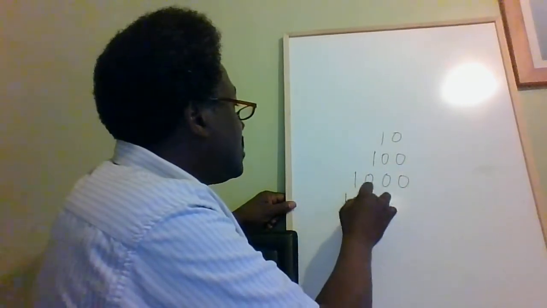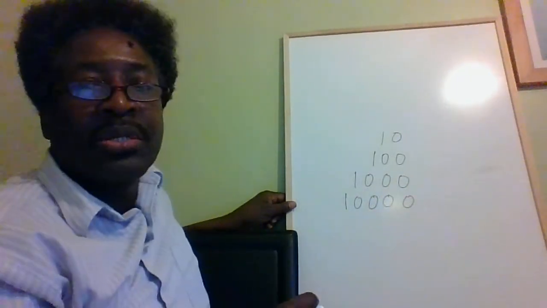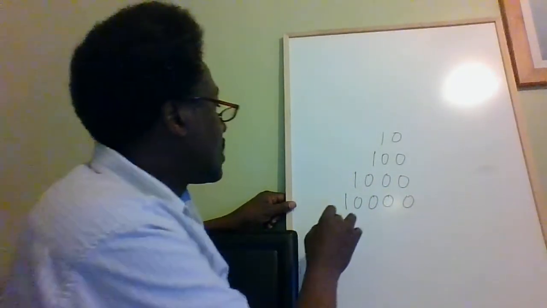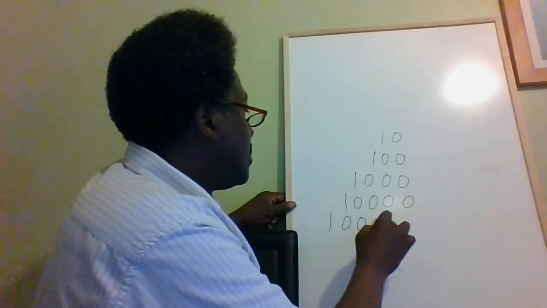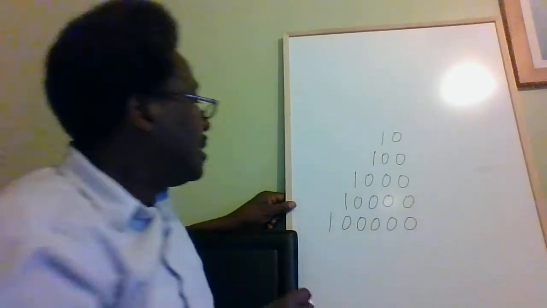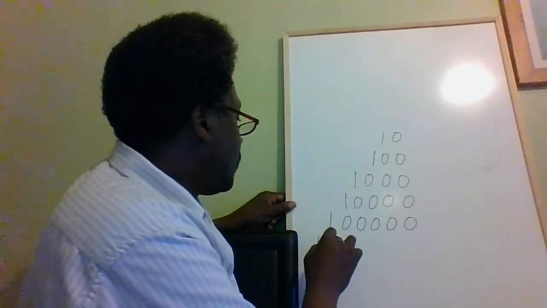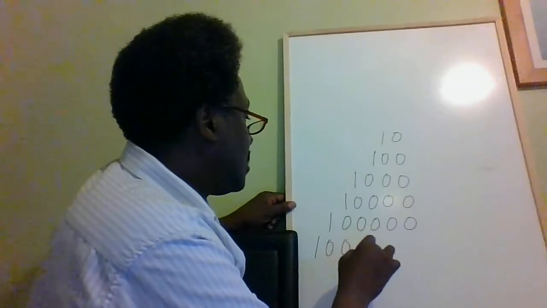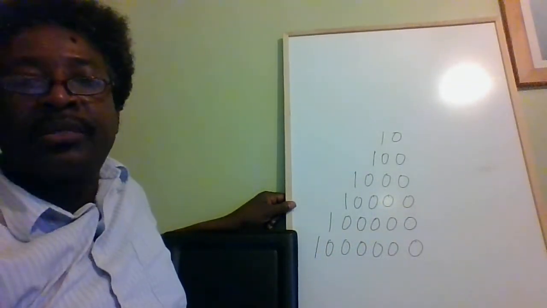This number here is 10,000. This number over here is 100,000. And this number over here is 1 million.